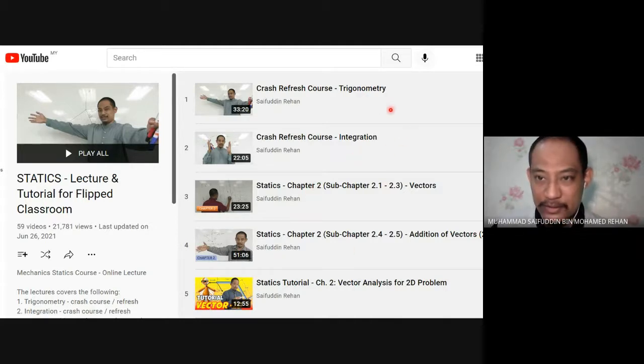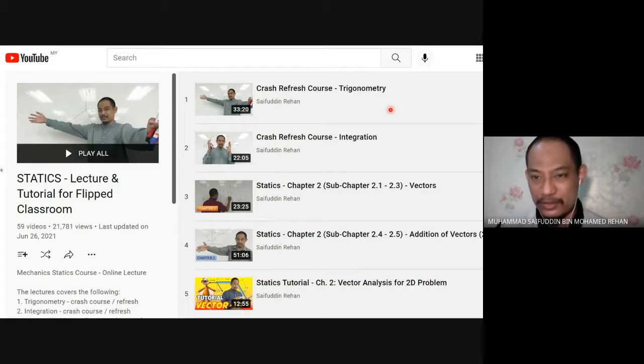You can see this is basically a refresher course on trigonometry and integration. I made this because I found out early on that some students, when they come to cover this course, I don't know whether they have forgotten or they are quite weak or they don't even fully understand how to use trigonometry.